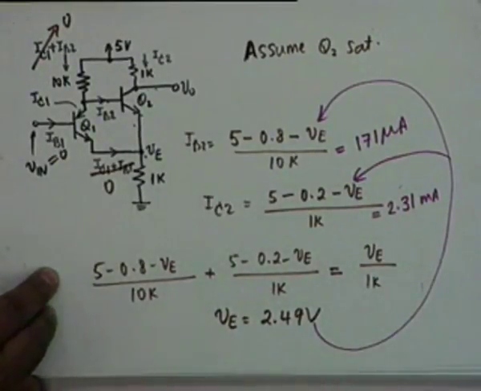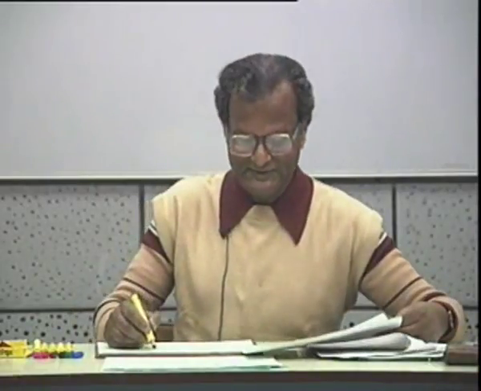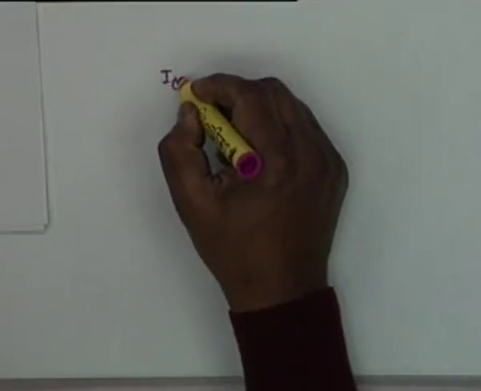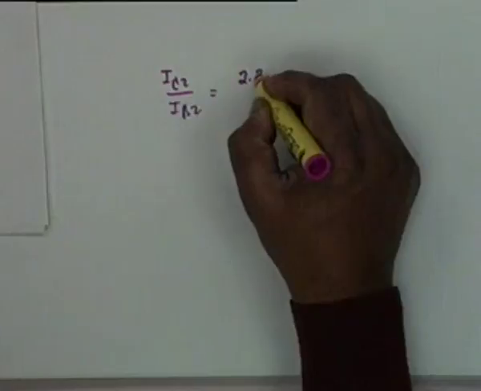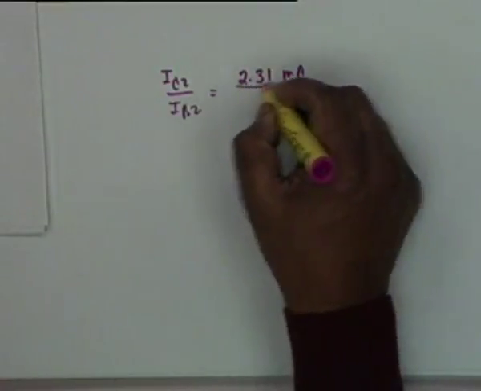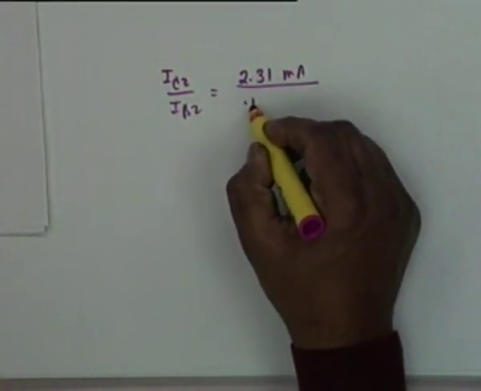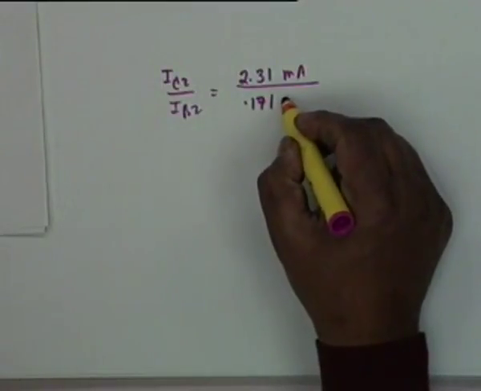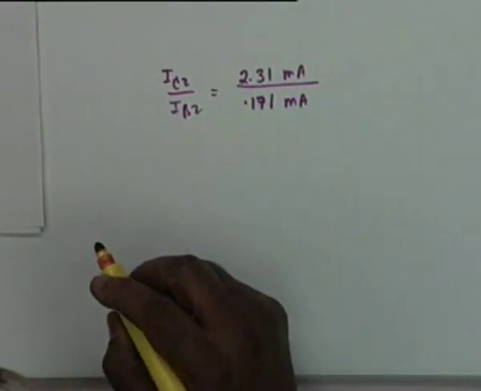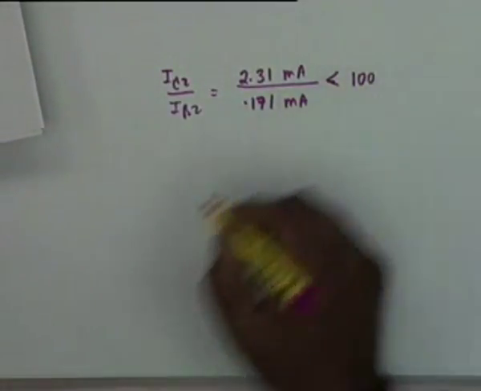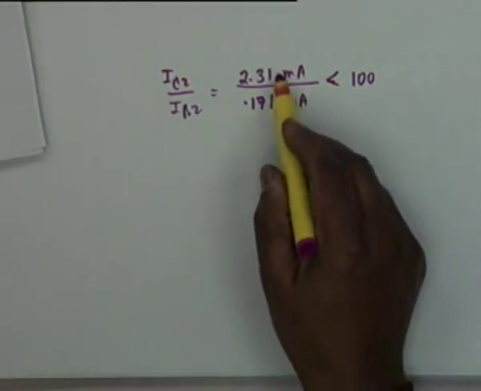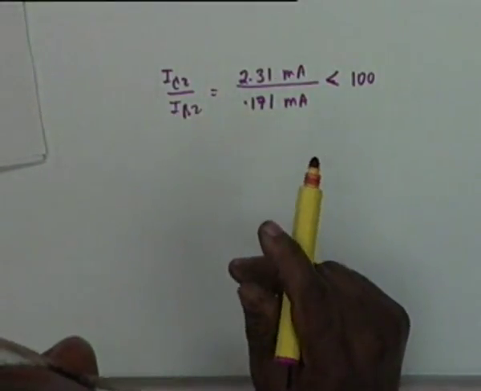Agreed? So now my test for saturation. IC2 by IB2 is equal to 2.31 milliamps divided by 0.171 milliamps, 171 microampere. So this is less than 100. Obviously, if it was 100, the numerator would have been 171.